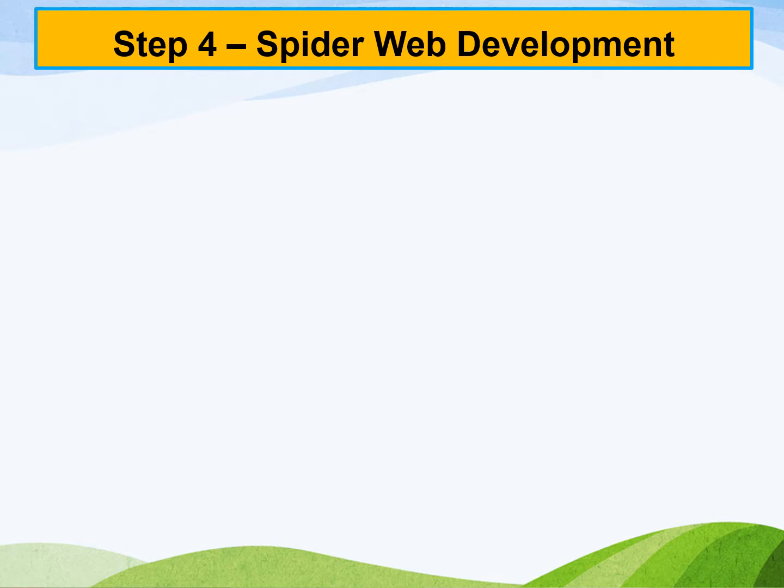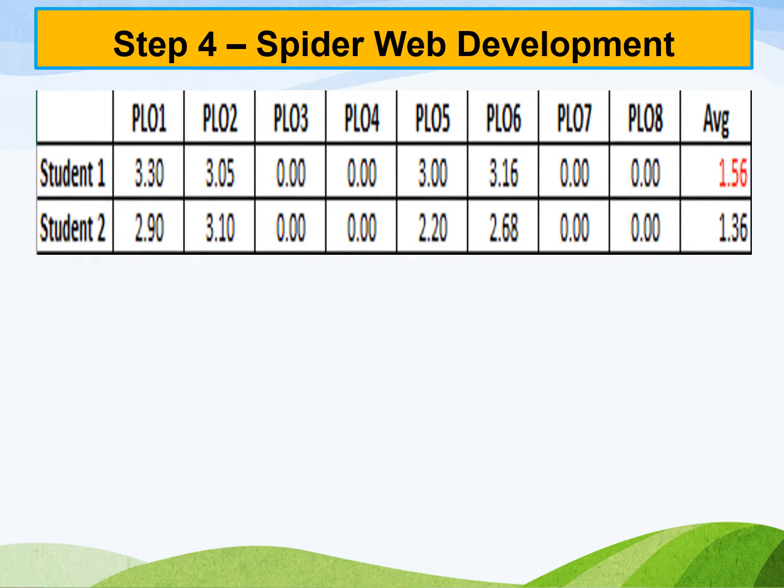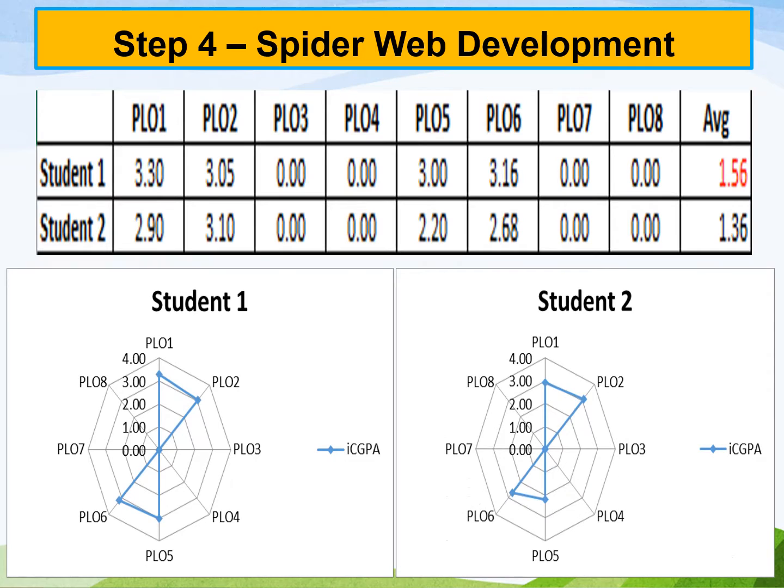The final step is to develop the spider web. All we need to do is just select the values, click Insert, choose the radar chart, and this is what we will get. So for student number 1, we can see the values of points generated in PLO number 1, PLO number 2, PLO number 5, PLO number 6.